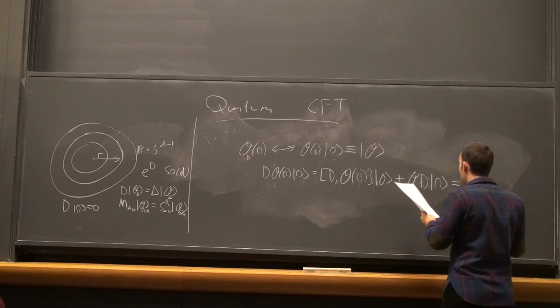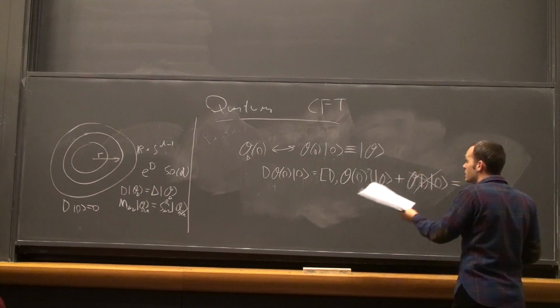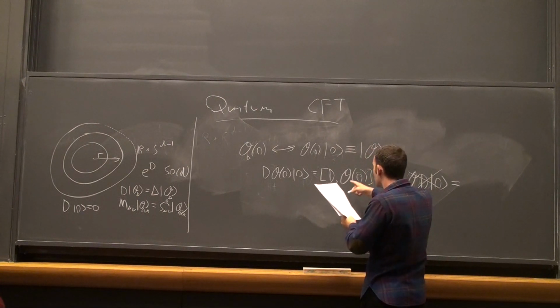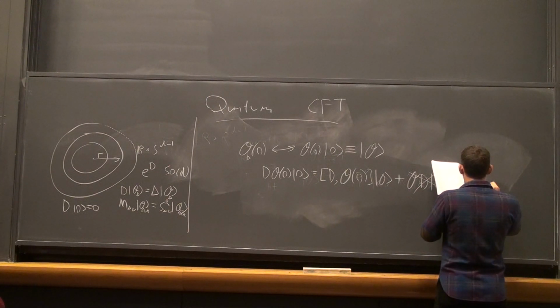And then finally, this thing is just 0, because remember, dilation acting on the vacuum is 0. And then this thing, if you take the definition of the commutation relations from our previous lecture, you know that it just gives delta times the operator.